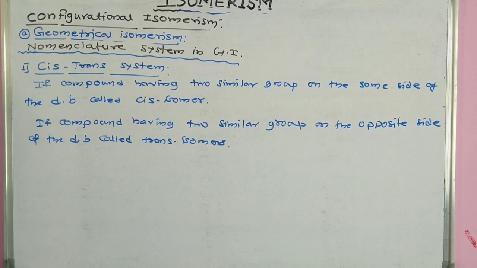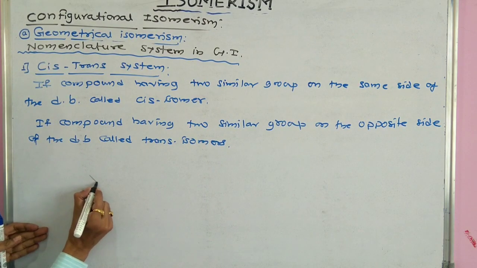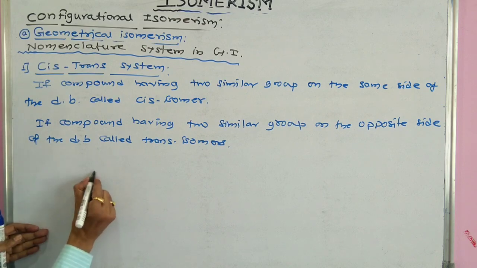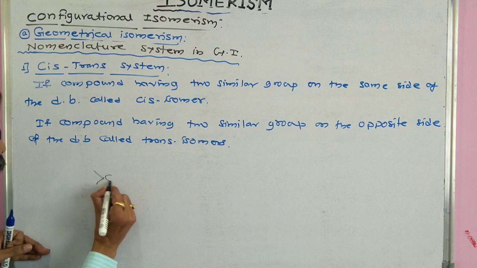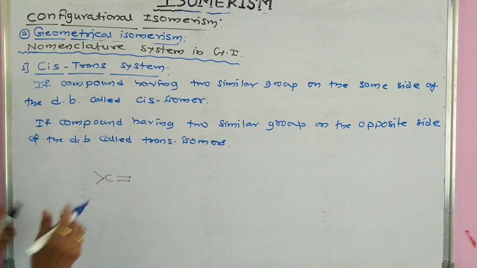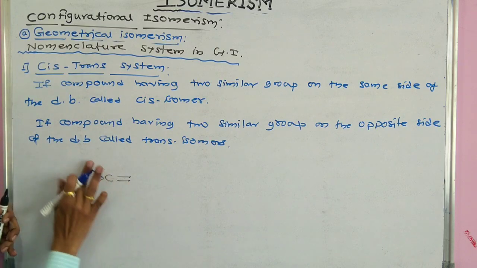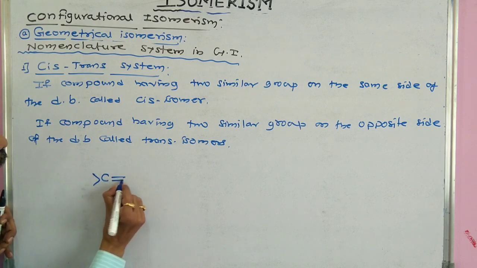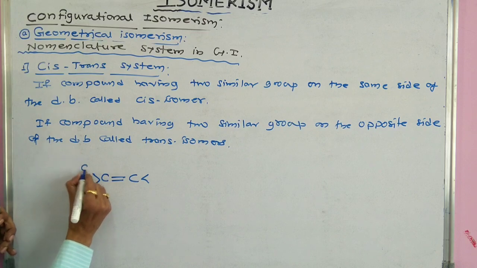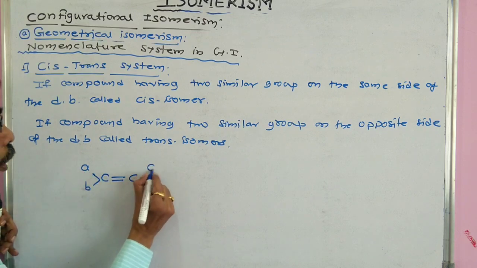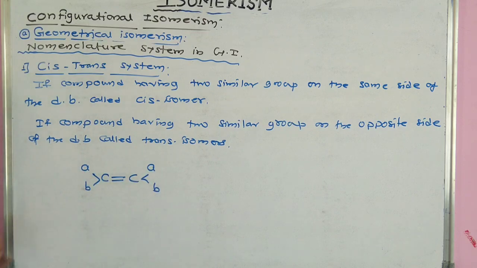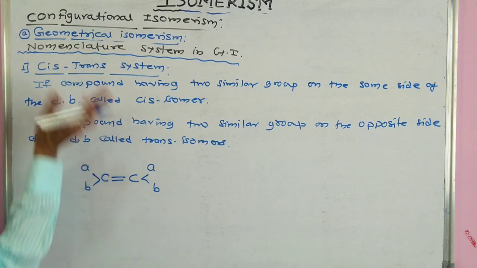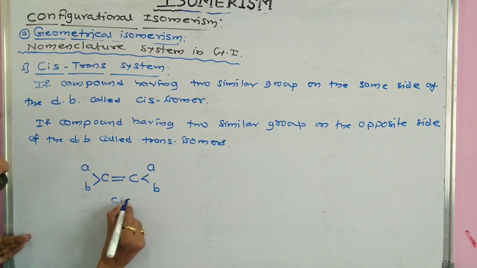Now, for example, C double bond C. Now this is A, B, and this is also A, B. So in this example, two similar groups are on the same side of the double bond, therefore it is called cis.